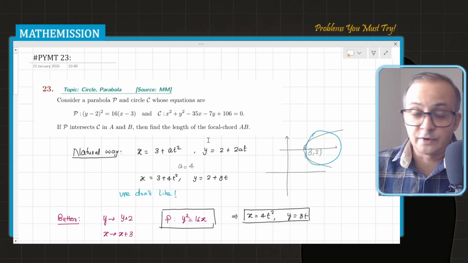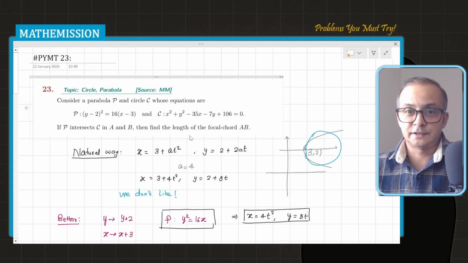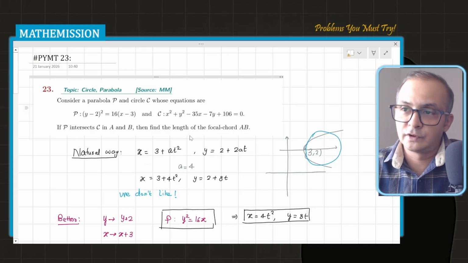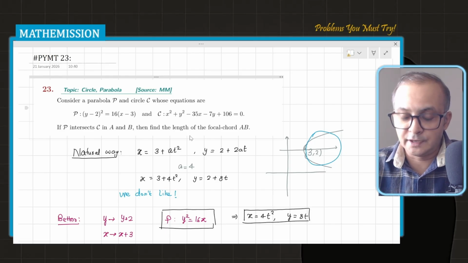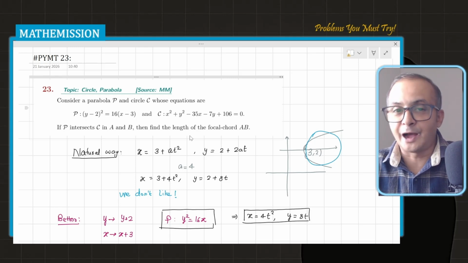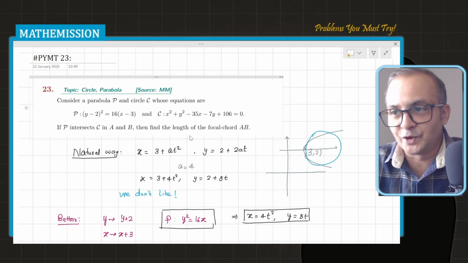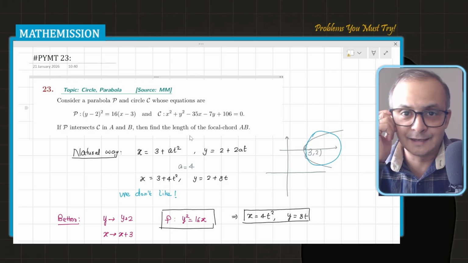So the first takeaway is that wherever they're demanding the length of anything, and it is easy to shift the system, we can shift it and find the length. The second thing is that power of point in this situation was like a hidden gem.